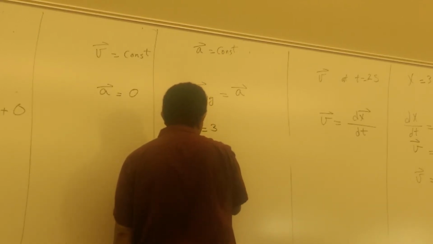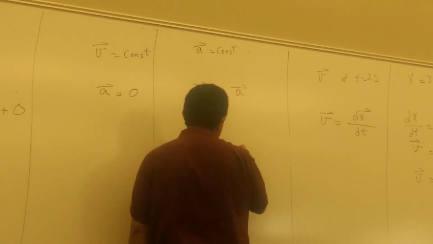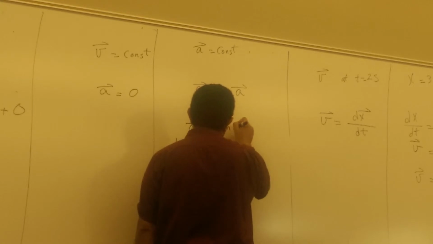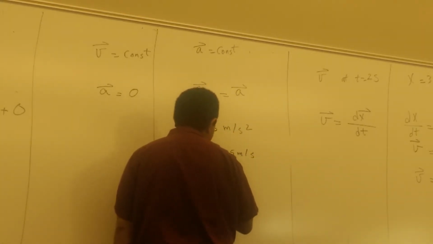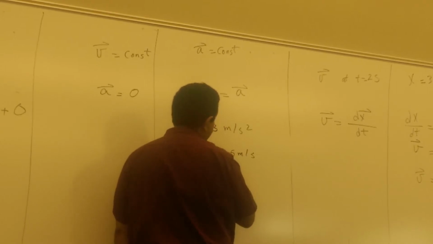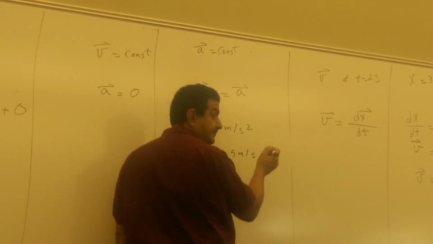So if your velocity v1 at t equals 0 was 5 meters a second, then at t equals 1, your velocity equals what? Anybody?